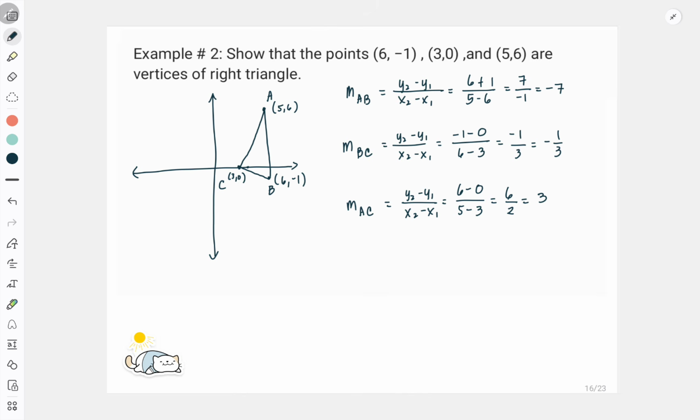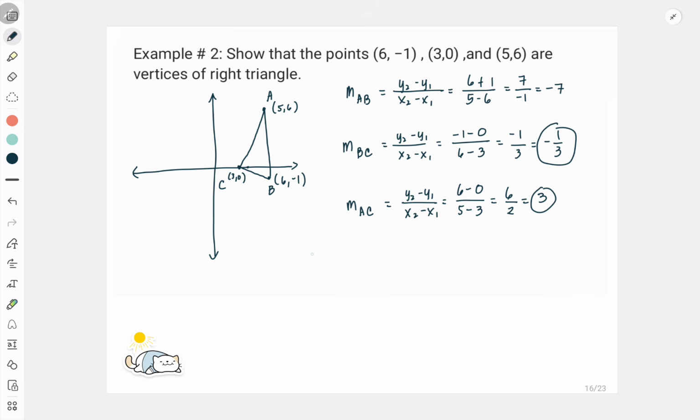Okay? Take note that the slope of BC and the slope of AC are negative reciprocals of each other.